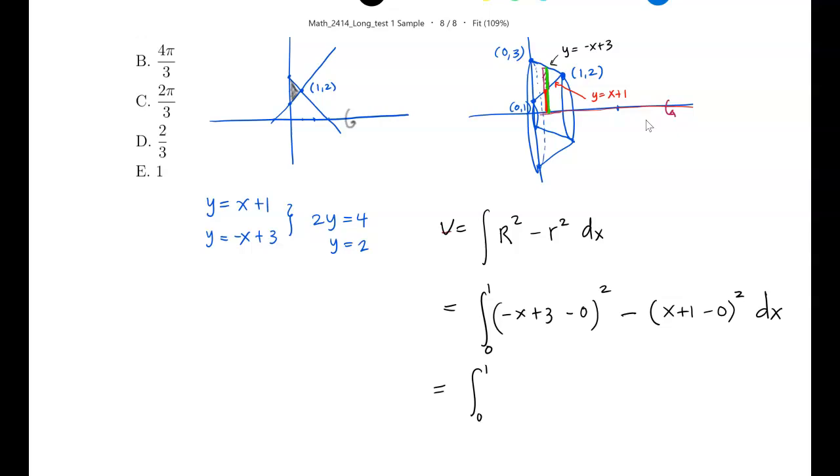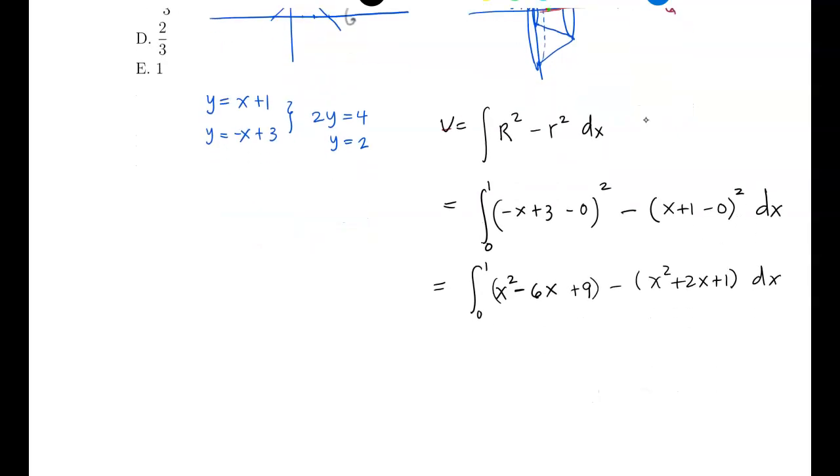Simplify this by expanding the binomial. You have x squared plus 6x, not minus 6x, because of the negative sign here, so minus 6x, double the product, and then square the last term, which is 9. Minus x squared plus 2x plus 1, dx.